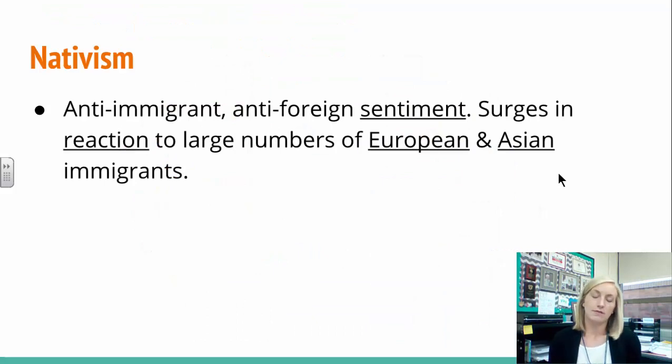So kind of building off of this topic of immigration, we have to talk about nativism. Nativism is the anti-immigrant, anti-foreign sentiment, which is a feeling. And nativism surges in reaction to large numbers of, remember the two groups of immigrants we had at the time coming from Europe and Asia.